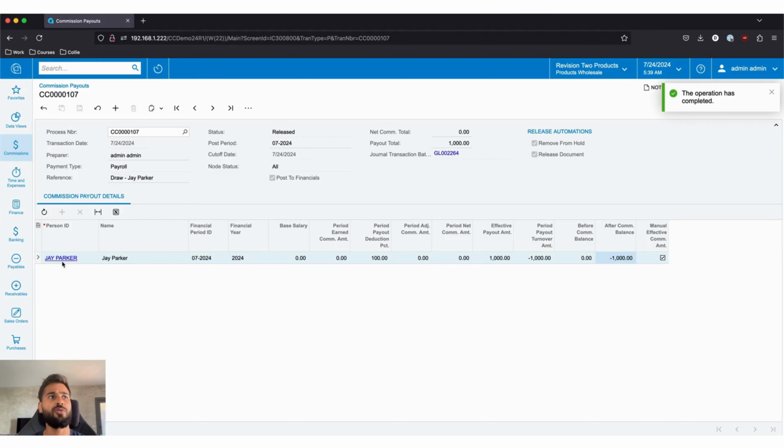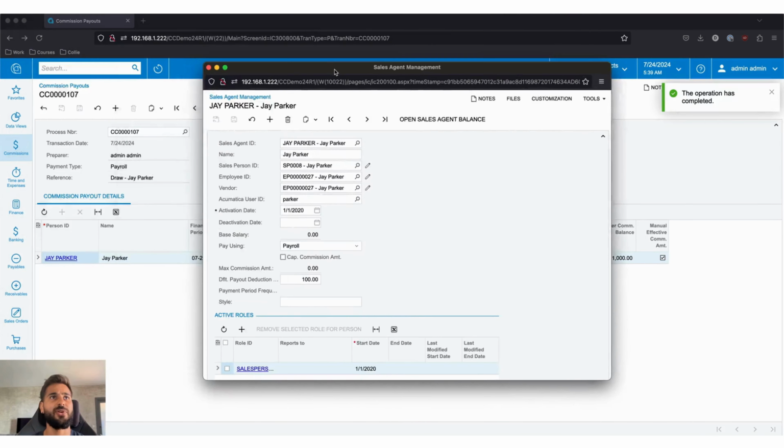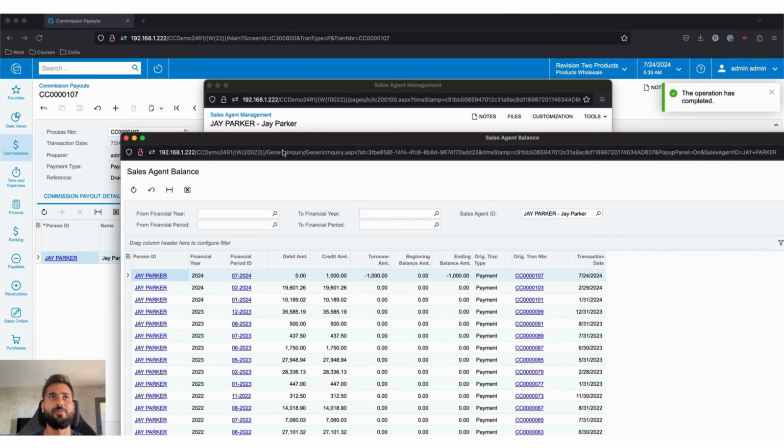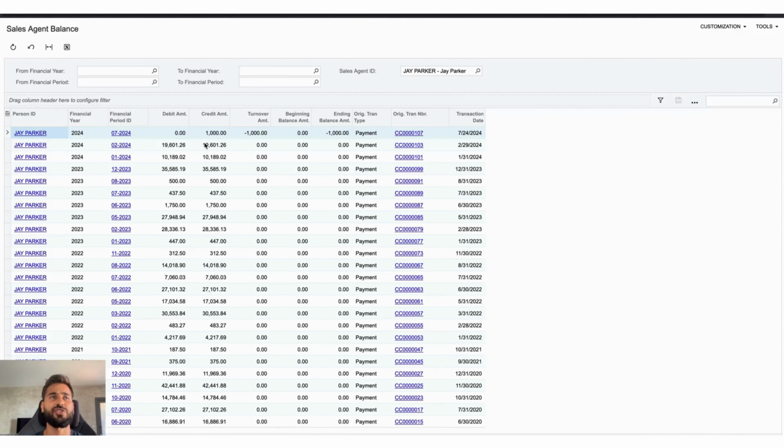So we are going to get back into J. Parker card. We are going to open again the sales agent balance. And now we can see how we have a new transaction. The first row over here. We can see how the behavior is different now. The debit amount is 0 because we didn't load any commission records, okay, for our payment transaction, and we have paid him $1,000. Because of that, we had a turnover of minus $1,000, okay?